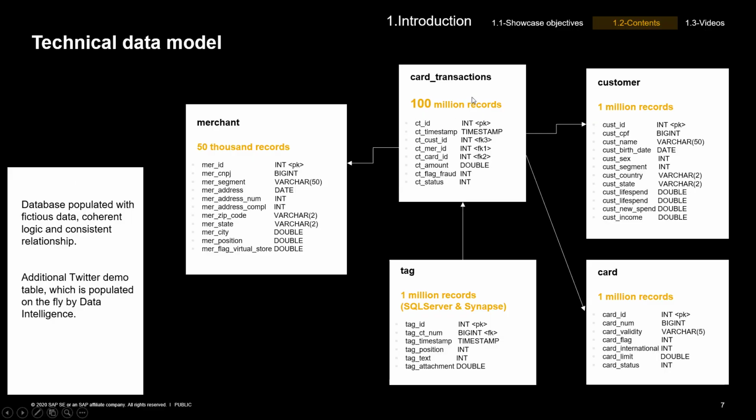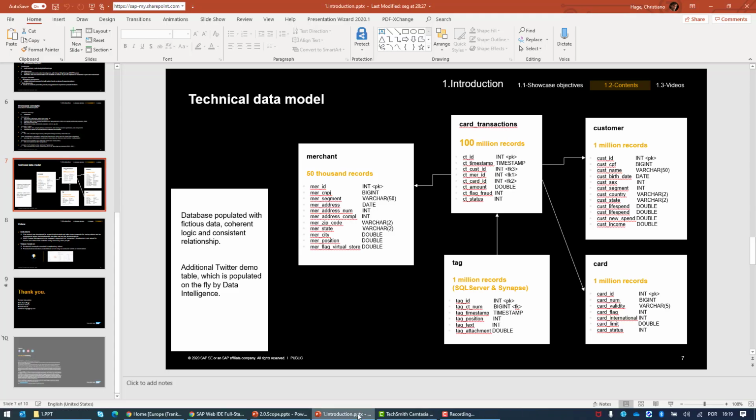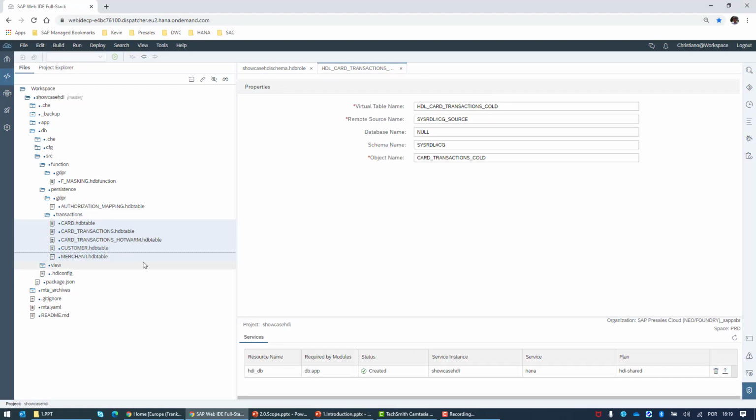So card transactions, customer card, and merchant, these tables are in HANA. This table is in SQL Server, enriching the data model of HANA. And when we come back here, we can see that these 4 tables are the main tables of the project.